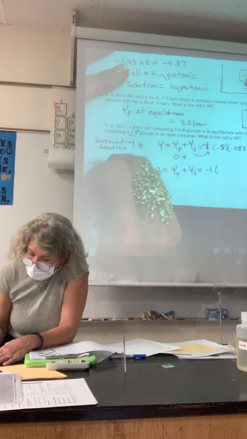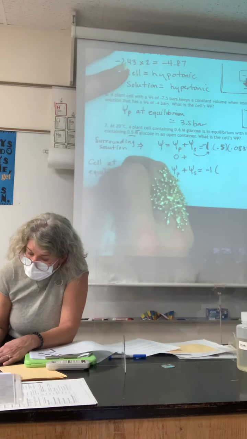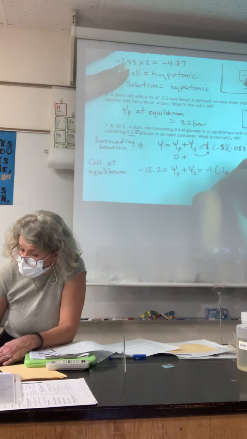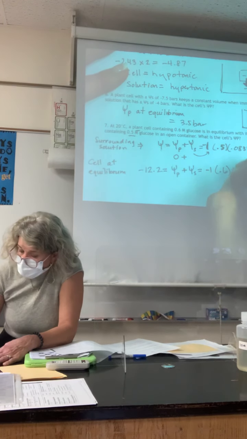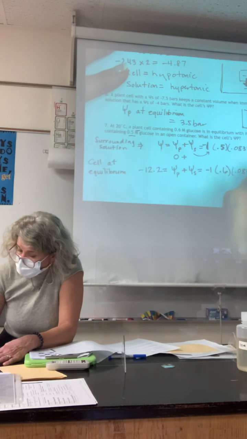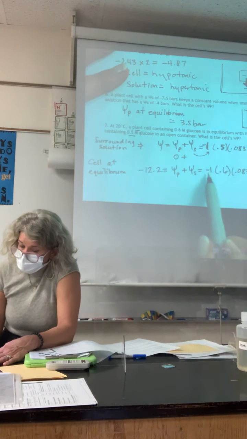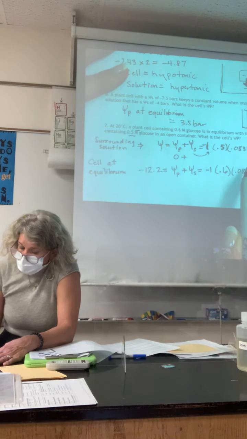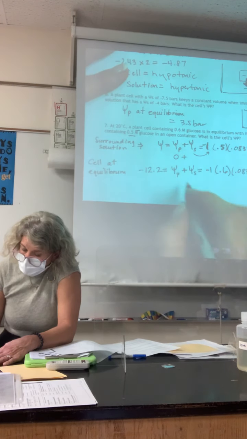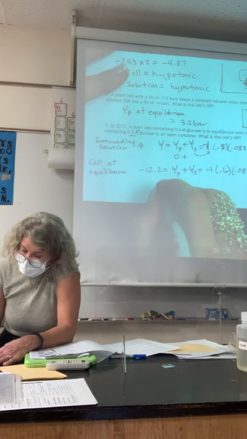Molarity would be 0.6. Right, molarity is not the same. It's going to be 0.6 now. Okay. R value is always the same, and temp didn't change. So we plug those in. All right. Now we want to get our solute potential so that we can solve for our pressure potential.